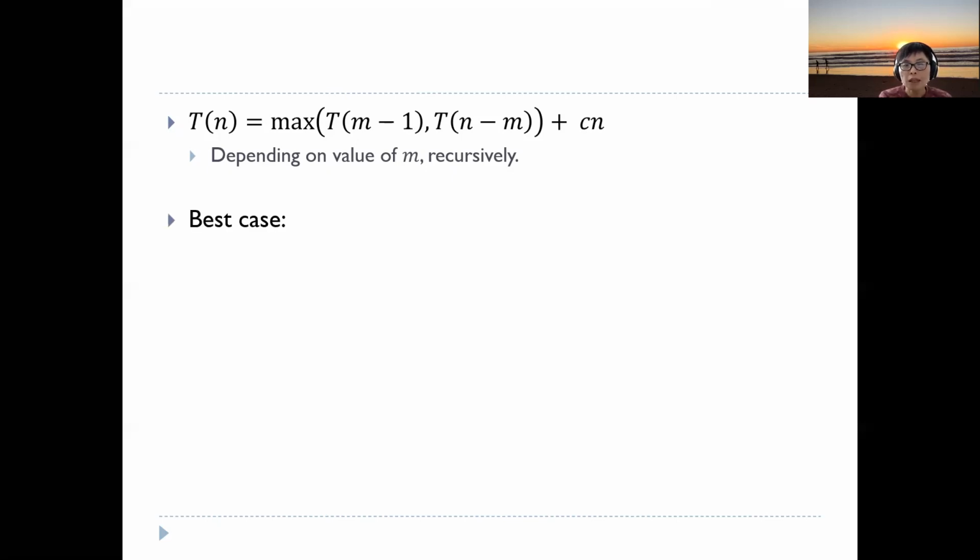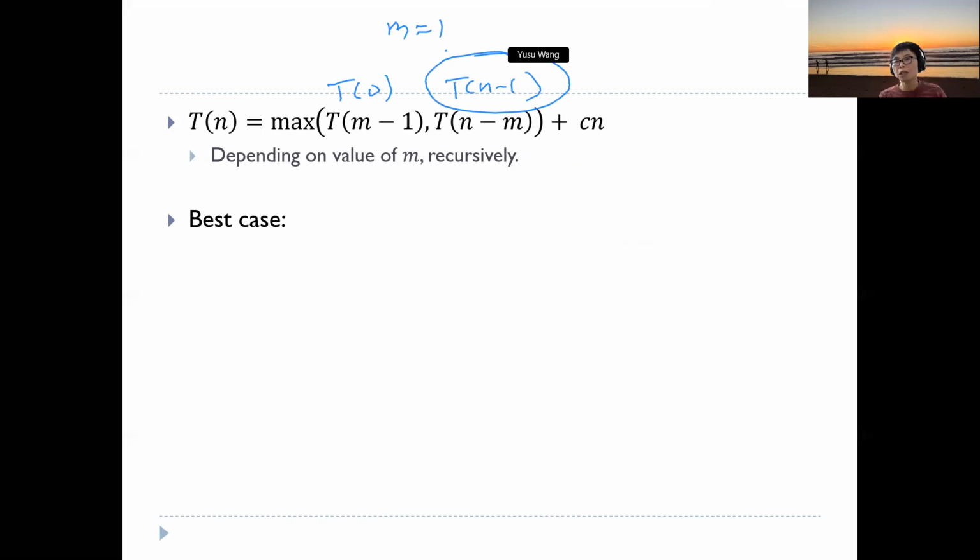Well, intuitively, what are we doing? In general, let's just look at a few values of m. If m equals 1, then this is T of 0, and this is T of n minus 1. In this case, the bigger of these two clearly is T of n minus 1.